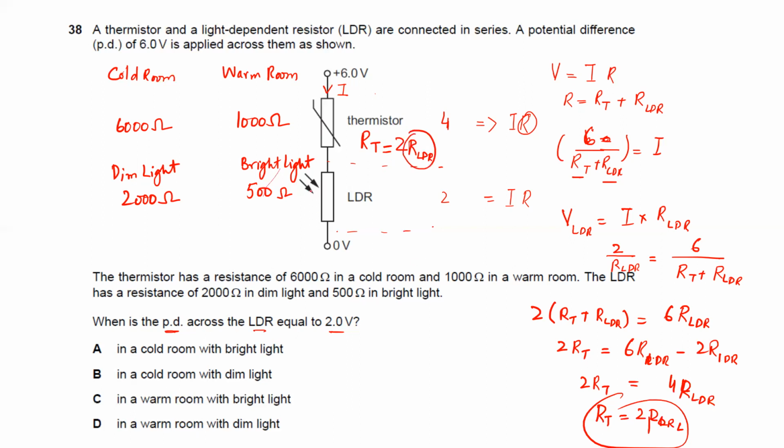So if my LDR is 500, this thermistor must be 1000. Yes. So if LDR is 2000, this must be 4000. So this is not the case. It means that bright light and warm room will be my best choice of conditions in order to have this 2-volt condition working. So cold room, no; cold room, no; warm room, yes; and bright light, yes. So answer C will be my correct answer.